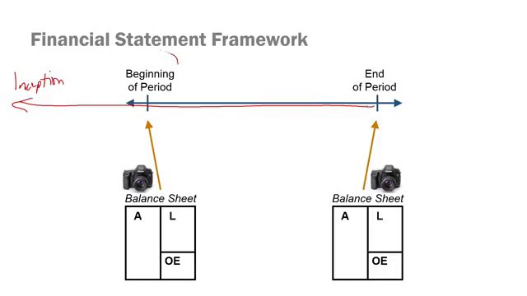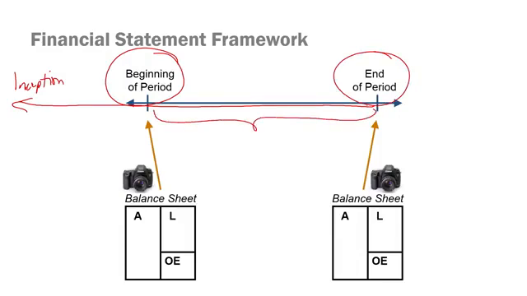Now, because one of these is at the beginning of the period and one of these is at the end of the period, we would expect them to look different because time has passed here. So clearly, the balances in some of these accounts or the financial position of the company will have changed over this particular period of time.